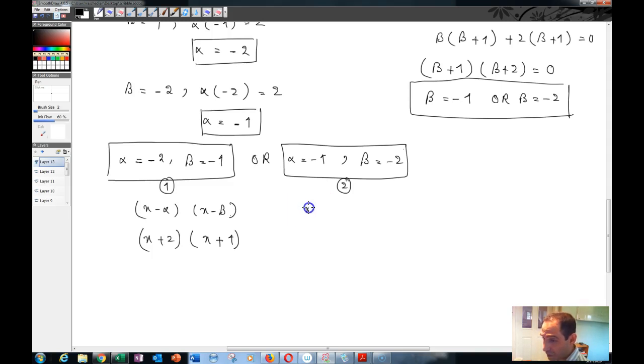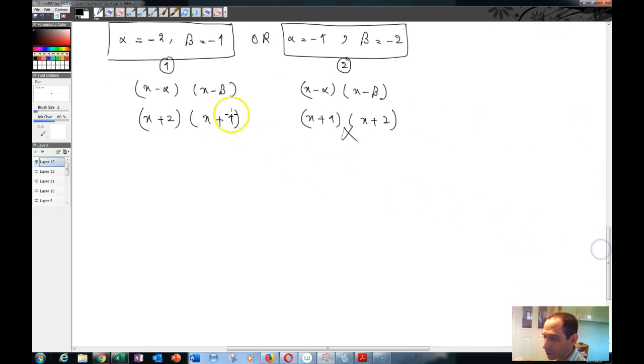Over here I have the same thing, x minus alpha times x minus beta, so basically x plus 1 times x plus 2. You can see that both of these cases are actually the same thing. This is x plus 1 times x plus 2, and this is x plus 1 times x plus 2. So I can just forget about this case and carry on with this case, for example.